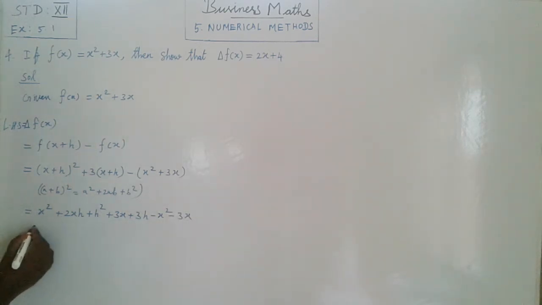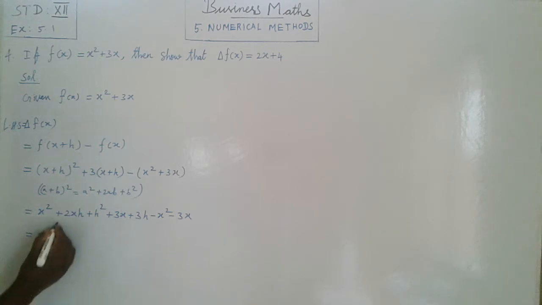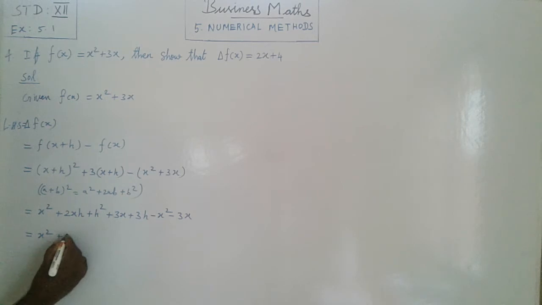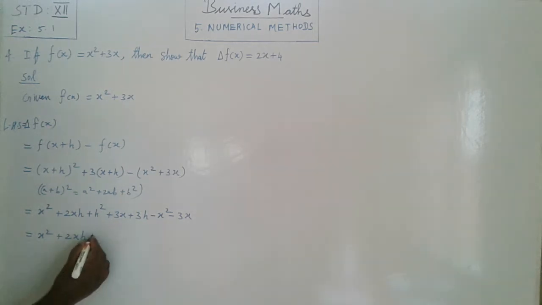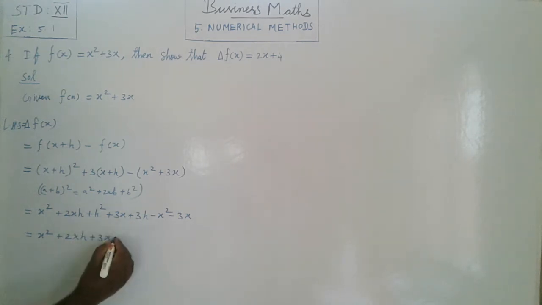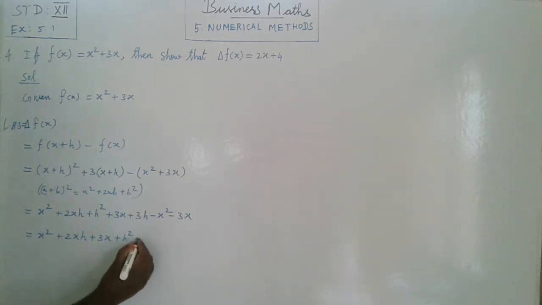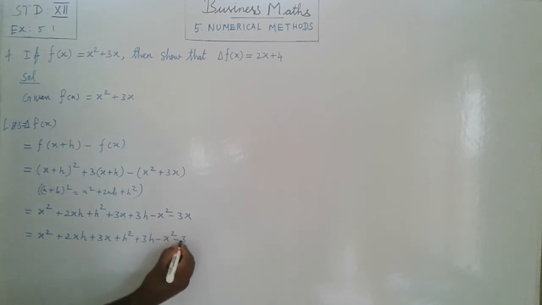Now we should write in order: x square plus 2xh plus 3x plus h square plus 3h minus x square minus 3x.